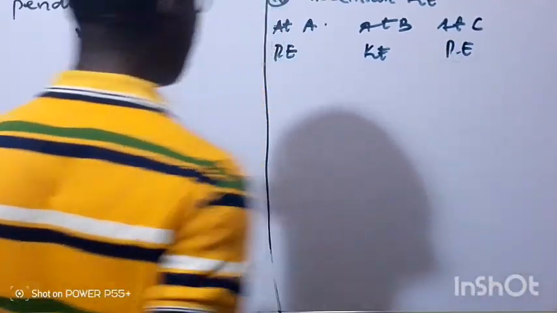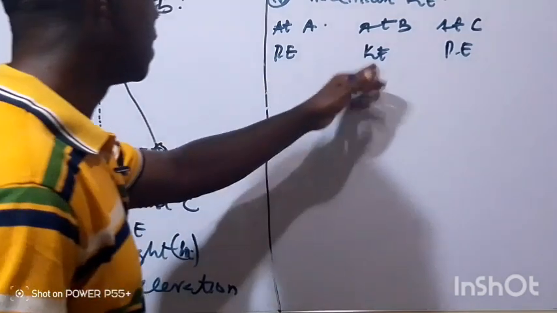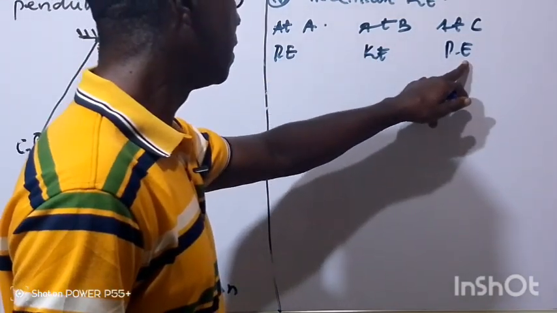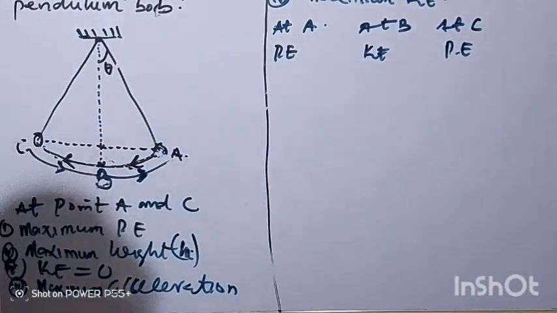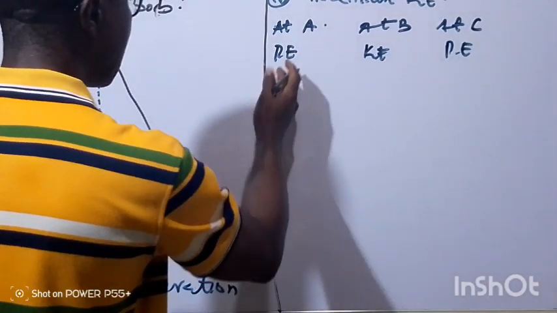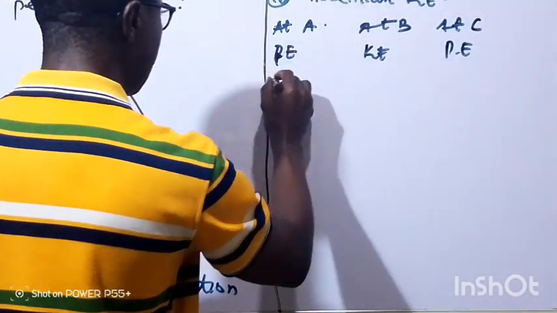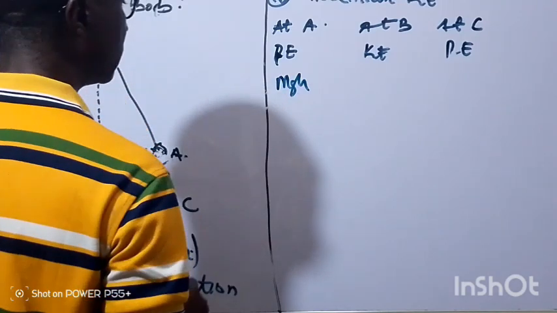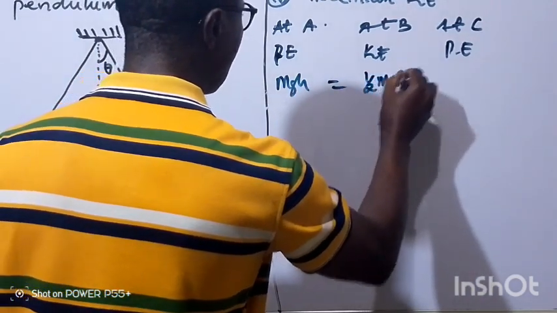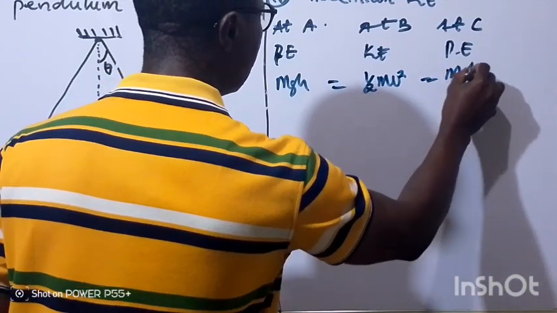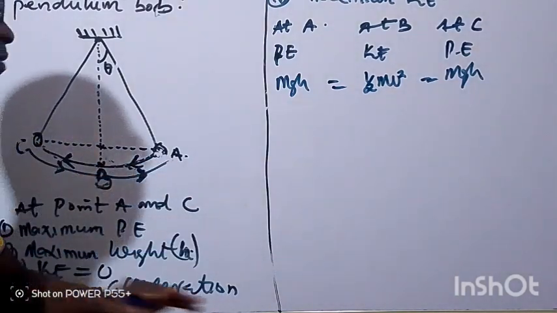It means the energy transformation in this mechanical system will be from PE to KE, and KE to PE, and PE again to KE, all along like that. So from there you can now see that if you obey law of conservation of energy, the magnitude of PE will be mgh, then equal to half mv square, equal to mgh again. So the energy is the same at any particular point.